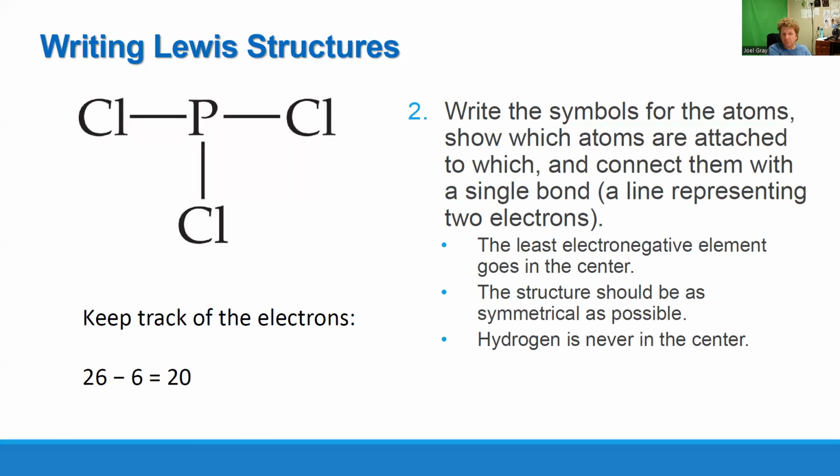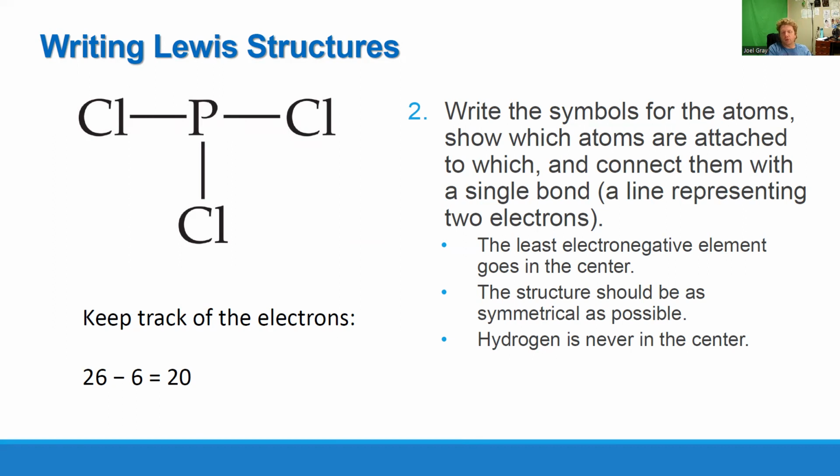Now, there are some exceptions to that rule, but as is life, learn and follow the rules, and then as time goes on, adapt and figure out the exceptions. So phosphorus being written farthest to the left, that's going to be in the center.